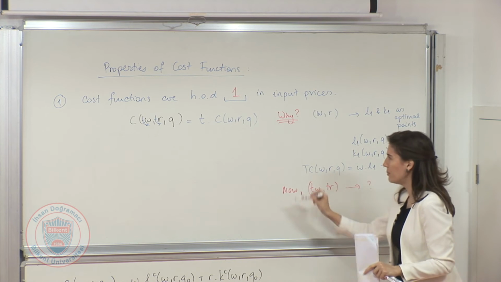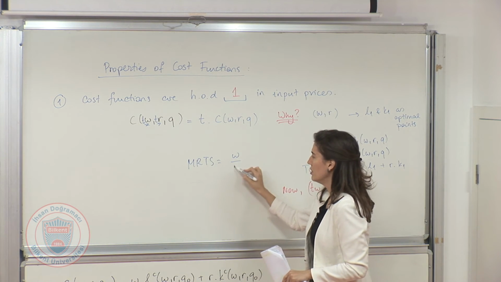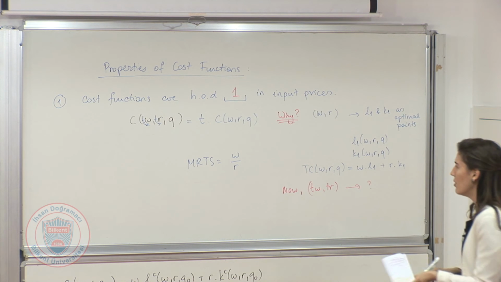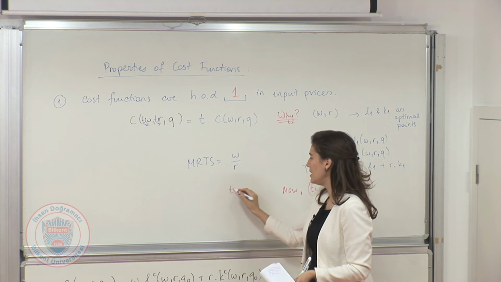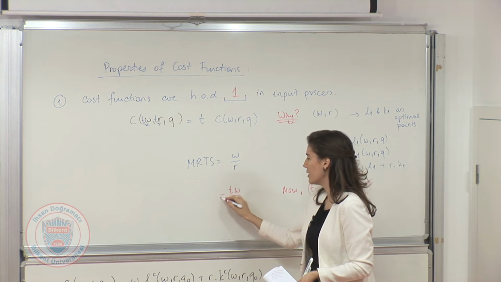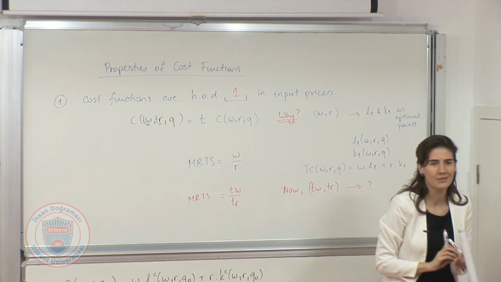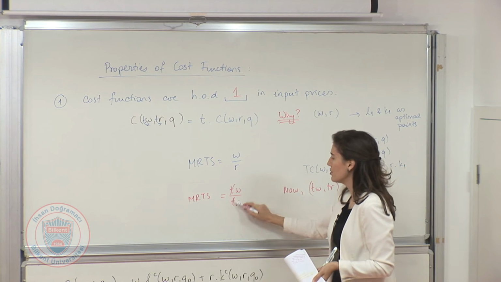Remember, here the optimality condition is MRTS equals wage over R, right? Now, initially, this was the case. Now I have T times wage, T times R. Did anything change? These T's cancel out.